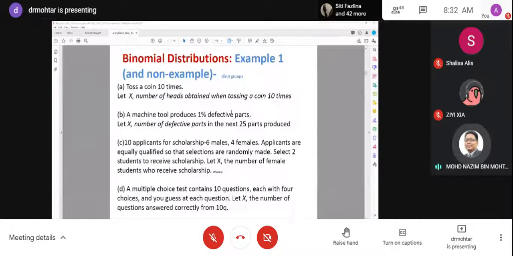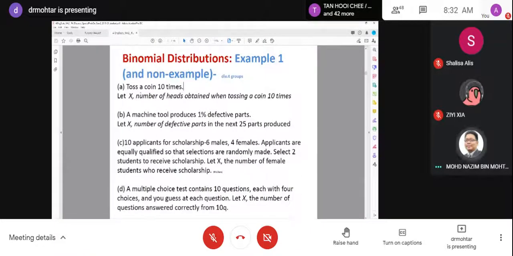If we can still remember, the binomial distribution looks at the number of successes, right? So the number of trials is fixed. So the number of successes is the random variable.